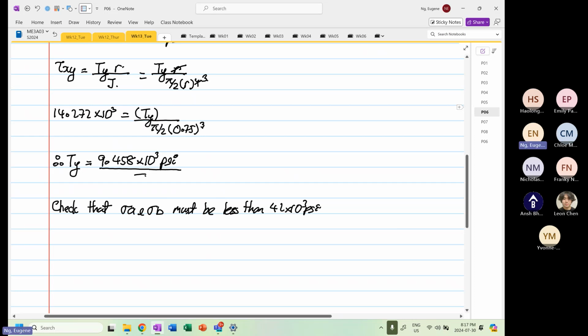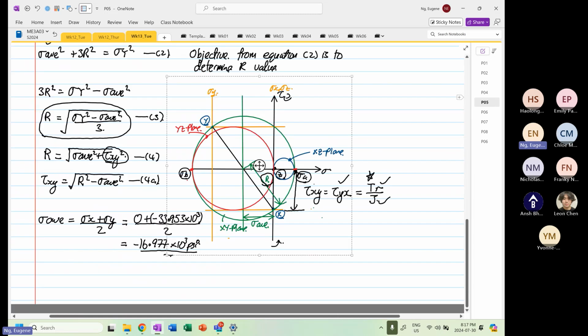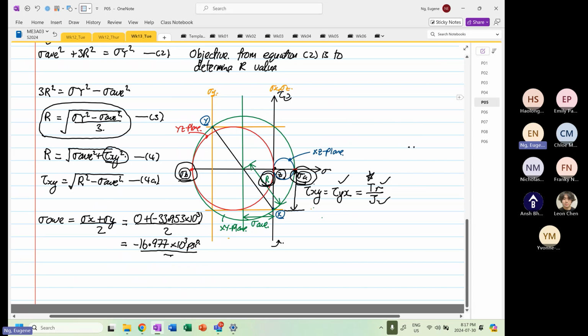So we know from Mohr's circle our radius, and remember, this is not the same as Tresca. After we determine our radius, we have to ensure that stress A and stress B are less than plus or minus 42 times 10 to the power 3 psi. We have to ensure that.